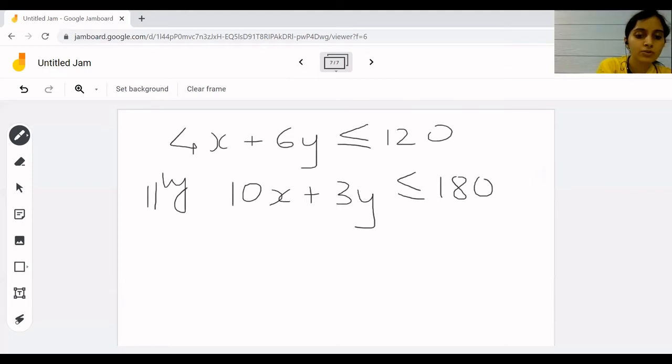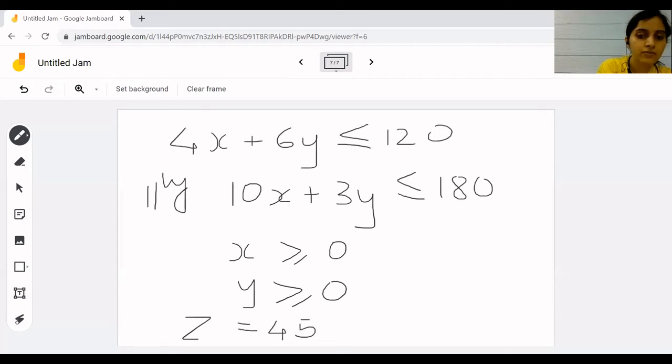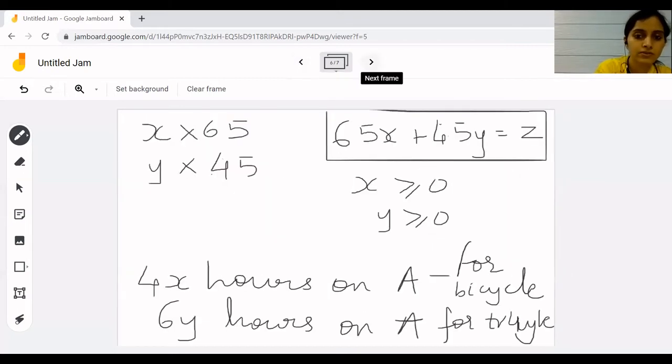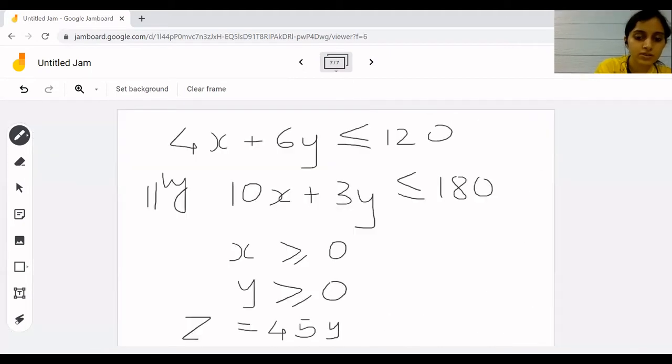Now I'm going to put all the equations that we made together and explain them in one go. So we have Z equal to 45y plus 65x.